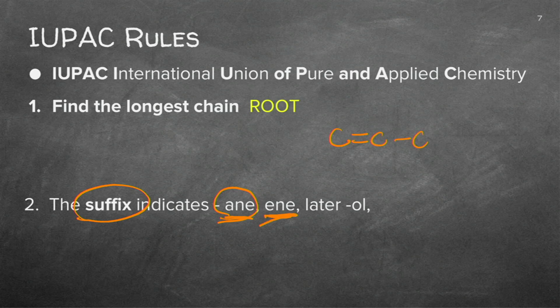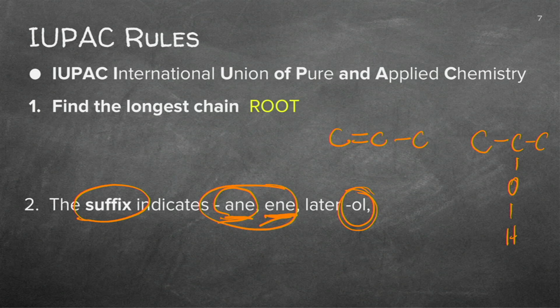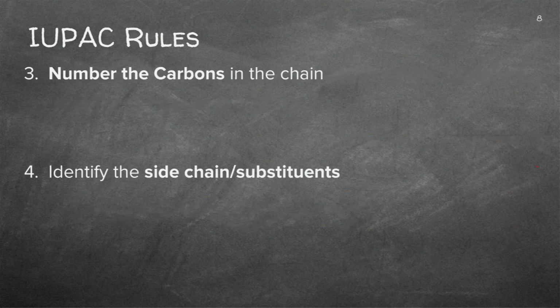And you'll see in our next lesson, we'll actually add a C with an O and an H, and that will become an ol. But I'm not going to concern myself with that now. You've got to be able to see, is it a single or a double bond, ane or ene? Right. So the first rule, identify the longest chain. Second rule, is it an ane or an ene?